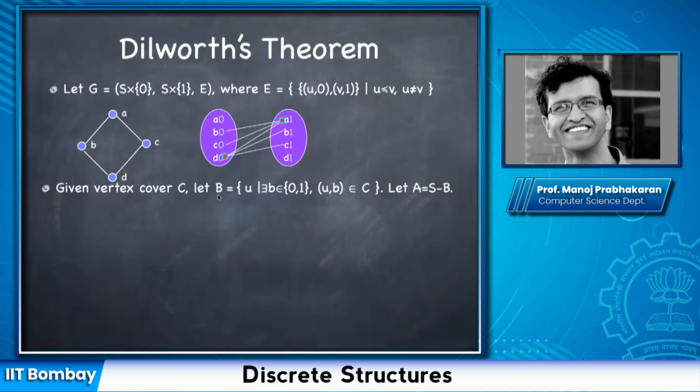But given any vertex cover C, I'm going to define a set obtained, you could think of it, by squishing together the two parts of the graph.